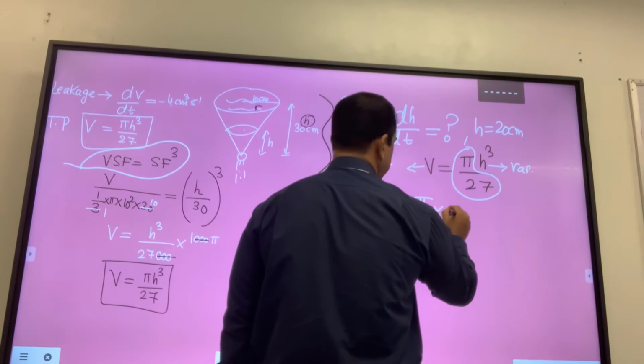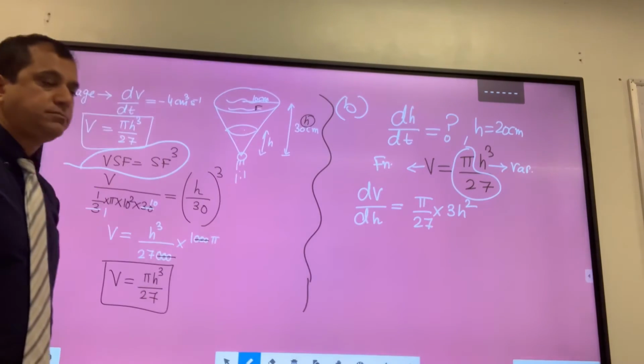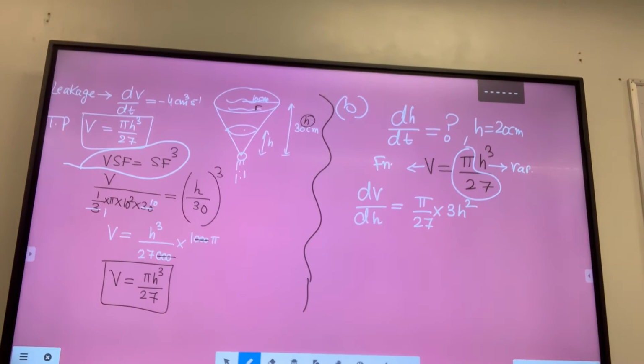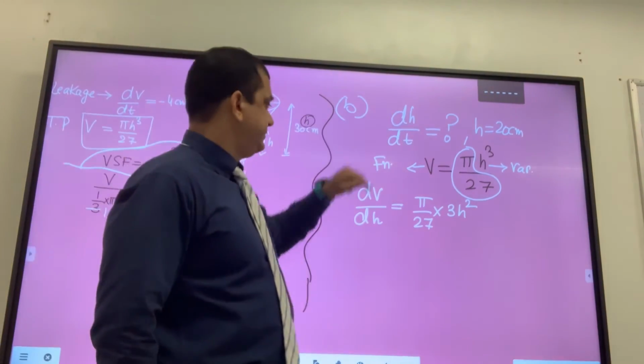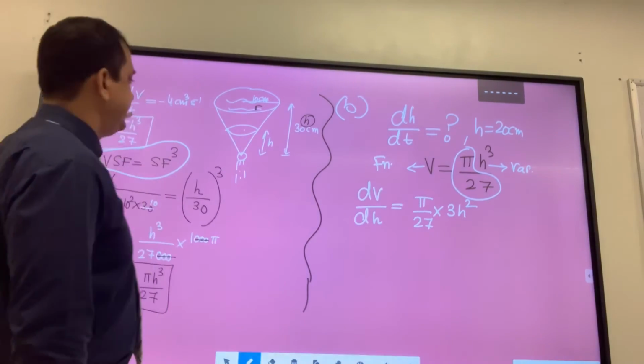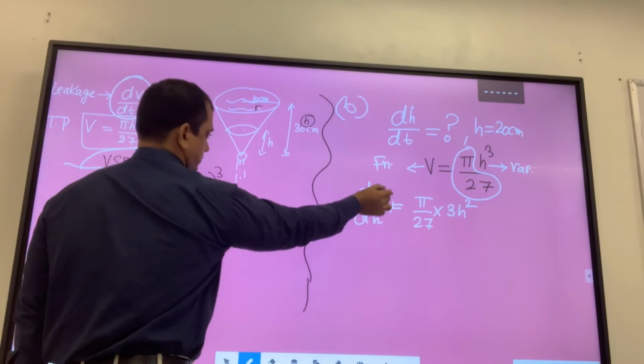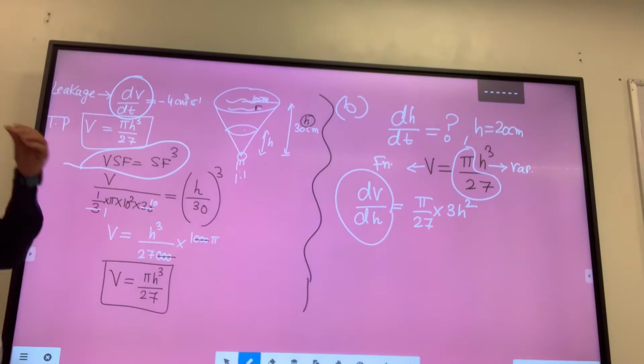I write here 3h square. Yes, perfect, right? I have to find dh dt. I have dv dh. I have dv dt. Can you find some connectivity? How can we find dh dt from here?